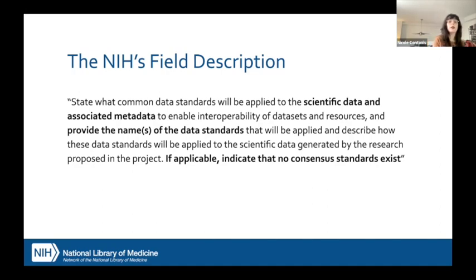If applicable, indicate that no consensus standards exist. So again, we're seeing here a recognition from the NIH that there may not be a consensus standard for a specific field. We also see a recognition that there may be multiple standards. Sometimes it's for the metadata associated with the data, sometimes it's for the data itself, sometimes it's for collection, et cetera, et cetera.